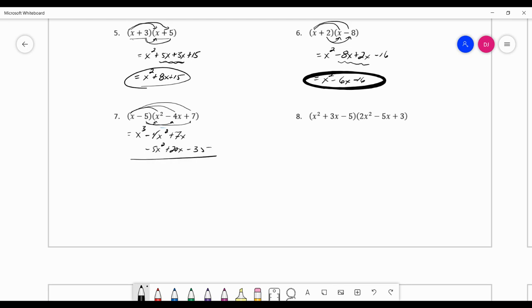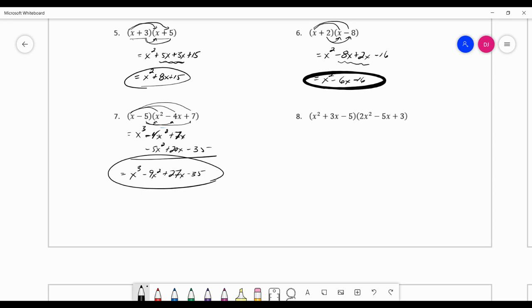The only difference here is I'm adding my terms vertically as opposed to horizontally. So now I've already got my like terms combined. X cubed, negative 4x squared minus 5x squared is a negative 9x squared. 7x plus 20x is a plus 27x minus 35. I kind of like that method a little bit better because as I go, I'm combining my like terms. Or maybe not combining my like terms, but I'm at least arranging them together.